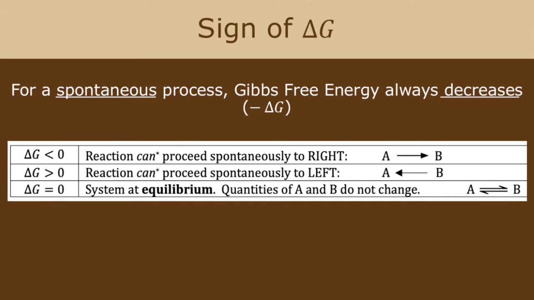And then when delta G equals 0, this is the definition of the system being at equilibrium. So the quantities of A and B do not change. What that means is there are some molecules that are going from left to right and some that are proceeding from right to left, but overall the quantities of the reactants and products do not change.